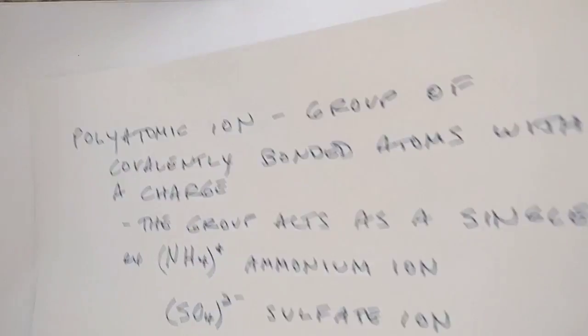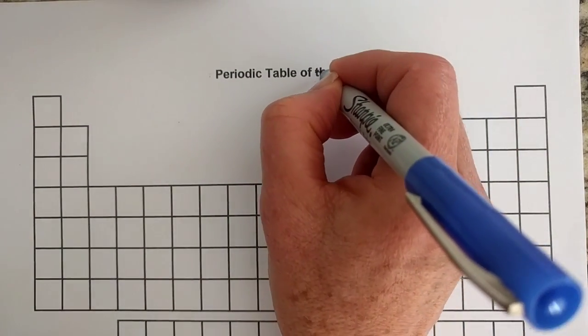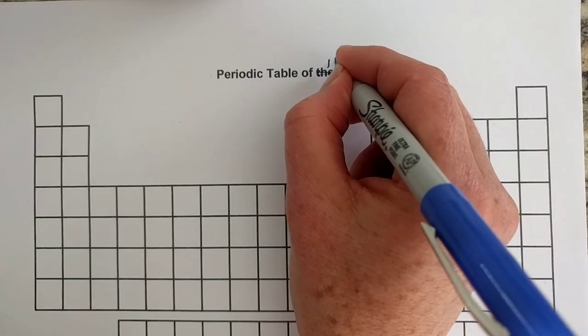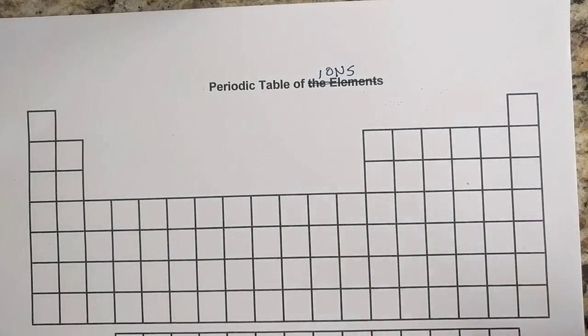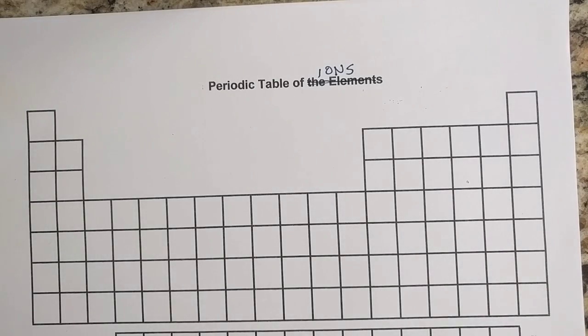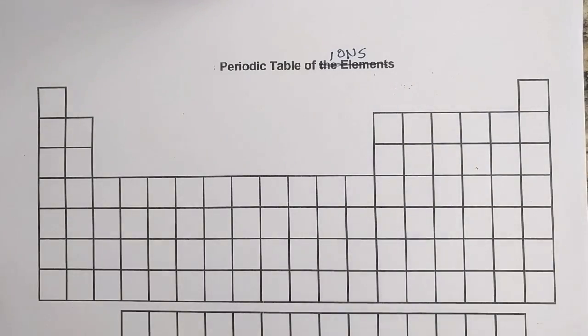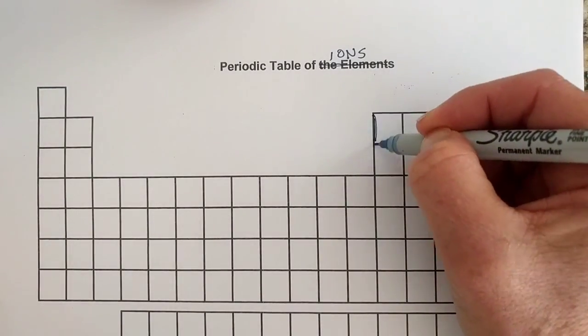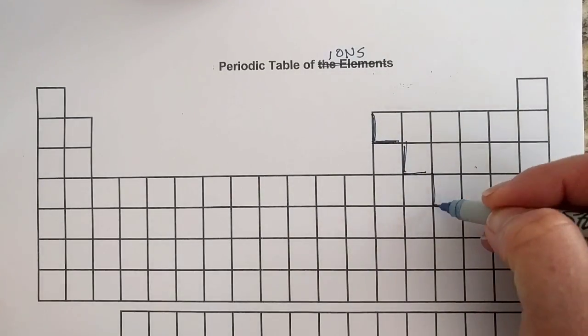So now we need to get the periodic table that you printed out. And we're going to make a periodic table of ions. So I'll just cross this out, of ions. And we're not going to do all the elements, but we are going to do some of them. So first, I think it would be a good idea to mark off where that staircase is, because that is going to be very important in this.